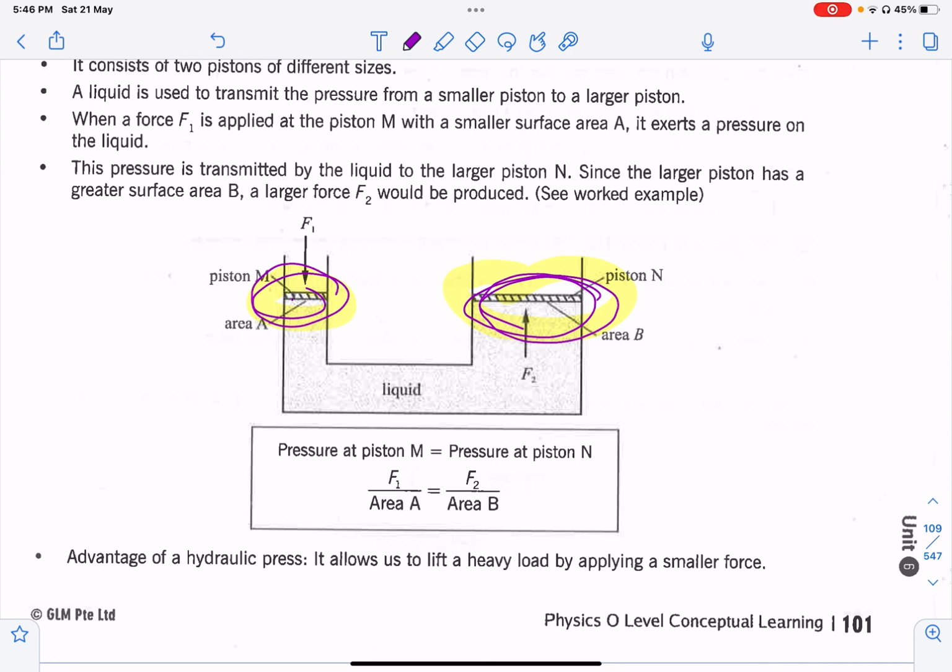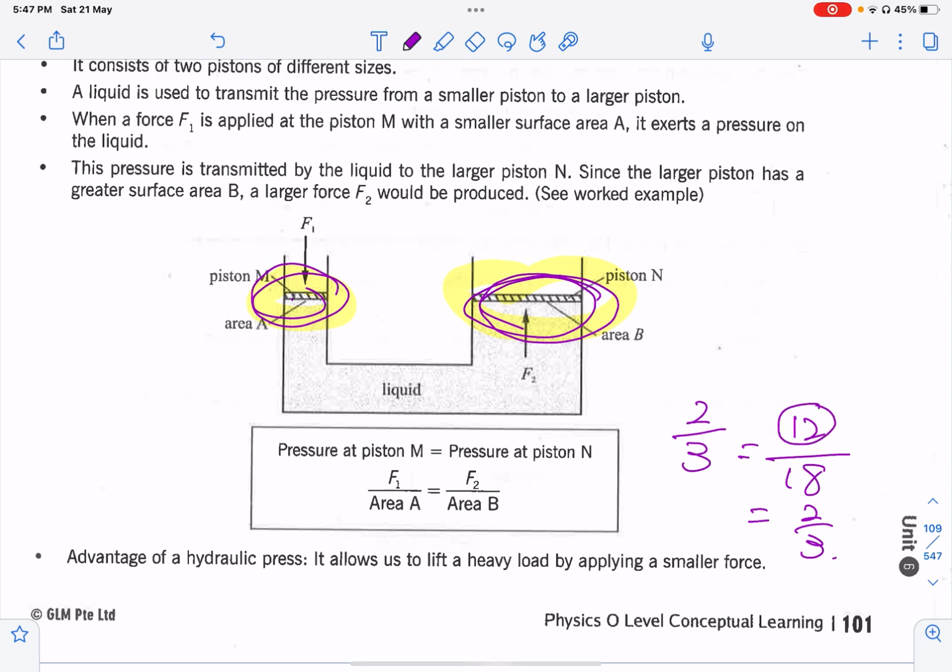I'll give you an example. Let's say your original ratio is 2 over 3. Then now I increase it to maybe 12 and 18. How would the pressure be different? Actually, both pressures will still be the same because 12 over 18 in the simplest form is still 2 over 3.